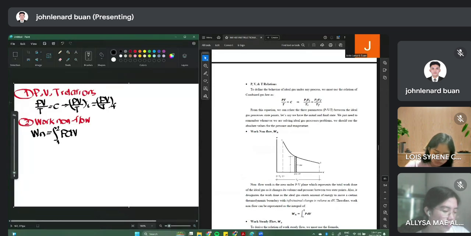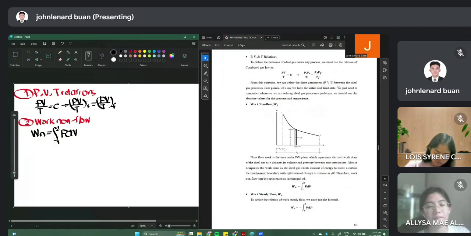By definition, non-flow work is the area under the PV plane which represents the total work done of the ideal gas as it changes its volume and pressure between two state points. And so that is for work non-flow.